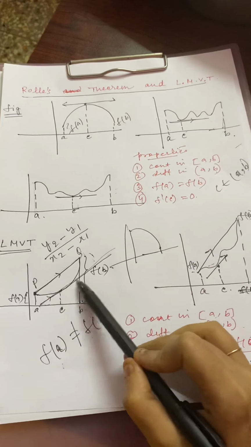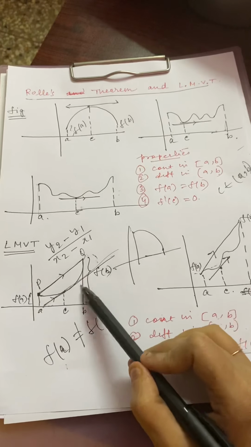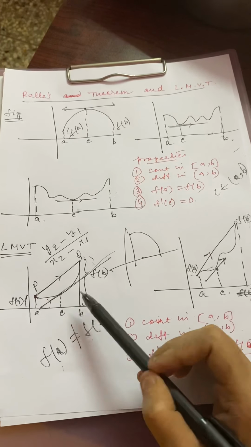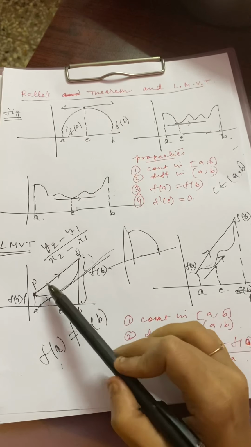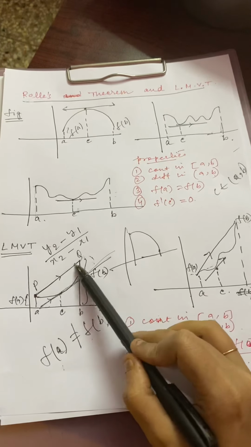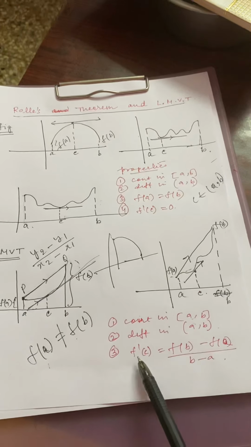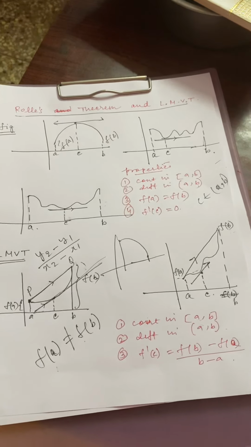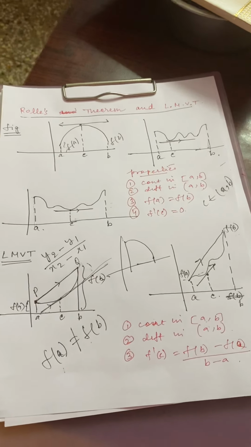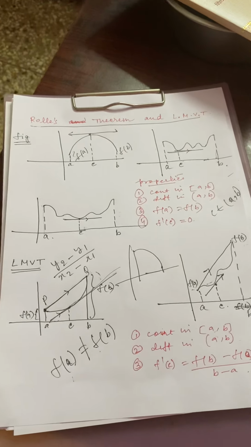I differentiate, that is f dash x, and put x equal to c. f dash c is the slope of the tangent, you know that. This must be equal to the slope of PQ. So f dash c equals (f(b) minus f(a)) by (b minus a); these two slopes are equal.